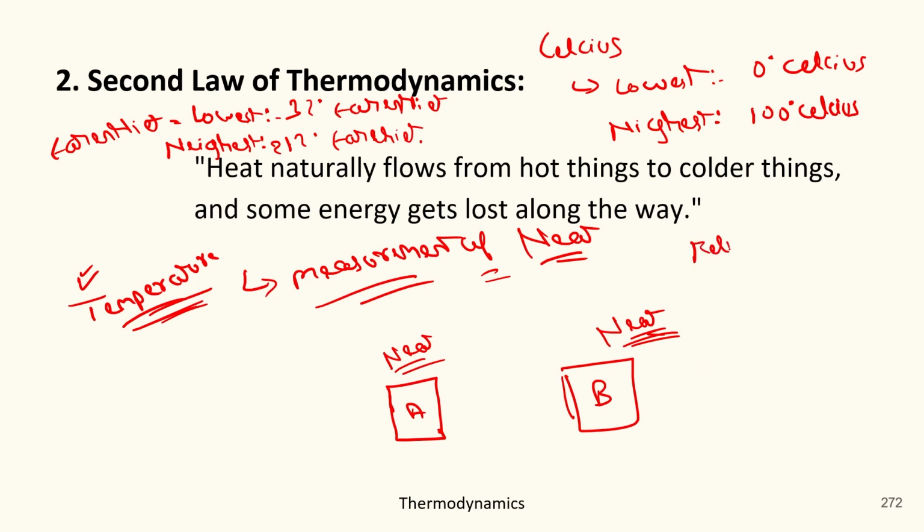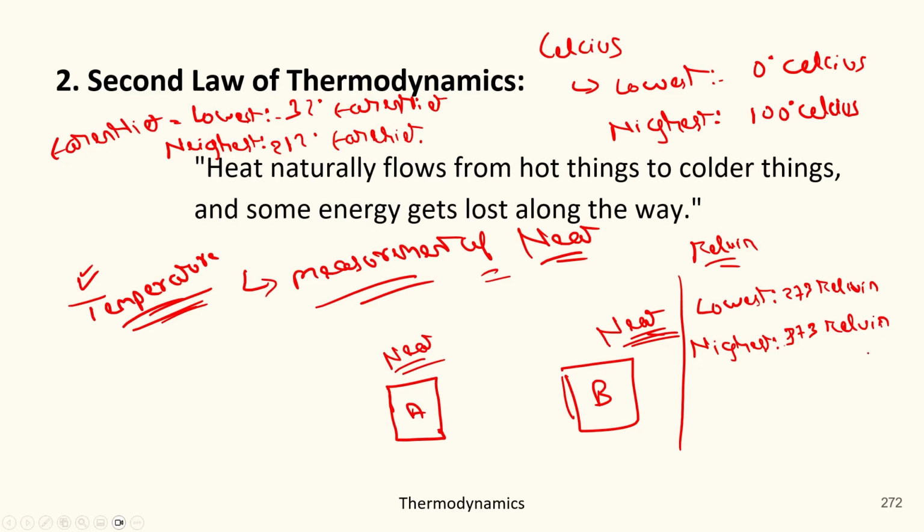And in case of Kelvin, the lowest point and the highest point are 273 Kelvin, and the highest is 373 Kelvin. Okay.